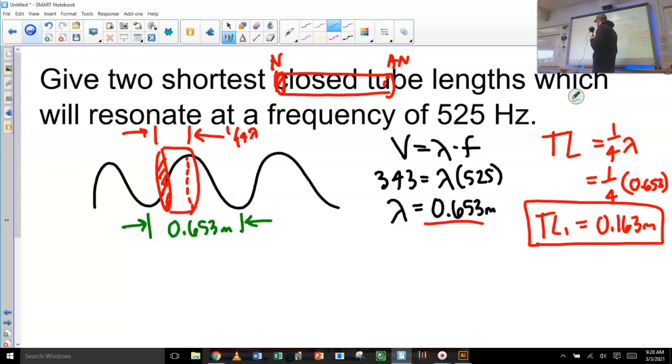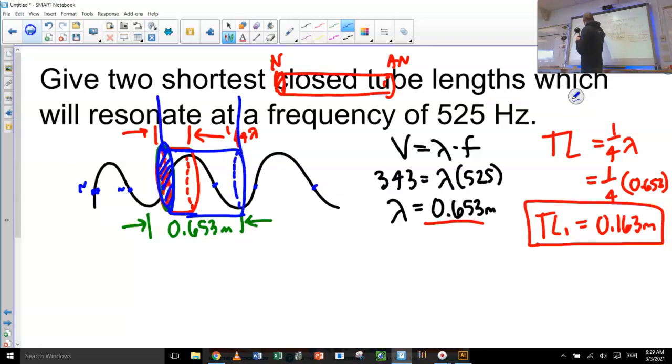My next tube, again, I have to start, I'll do it in blue. I have to start on an antinode, and the antinodes are right here, and I can start on any one of these that I want. And then I go, not to the first, I started a node, I'm sorry, these are nodes. I misspoke. But then I don't go to the first antinode, I go to the next one, which is right here. And this isn't 1/4 of a wavelength.